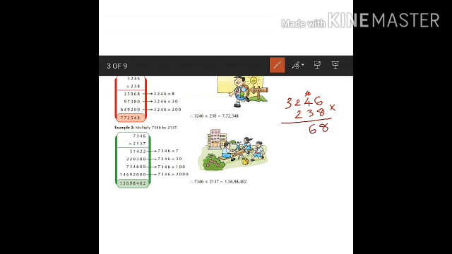Write 6 here and put the 3 over 2. Now 8 twos are 16 plus 3, it is 19. So 9 will be written here and 1 will be here. 8 threes are 24 plus 1, it is 25. Now place a 0 in ones place under 8.